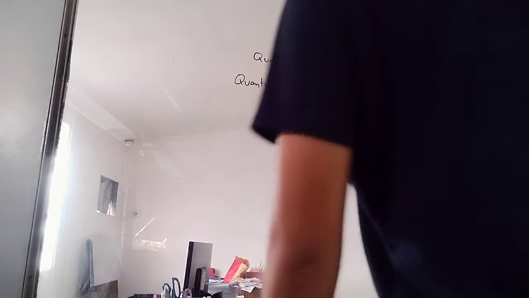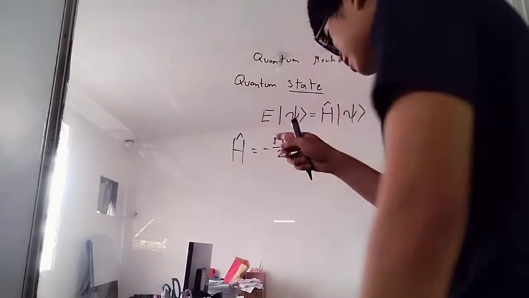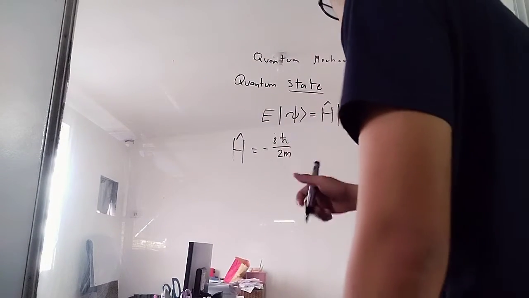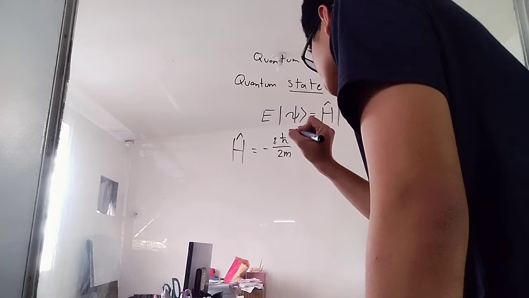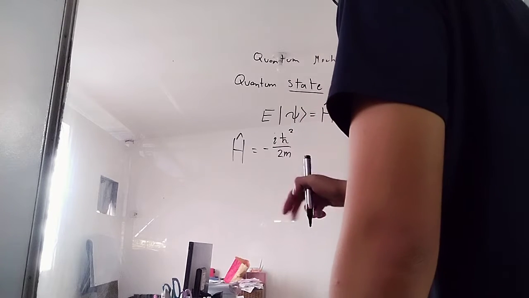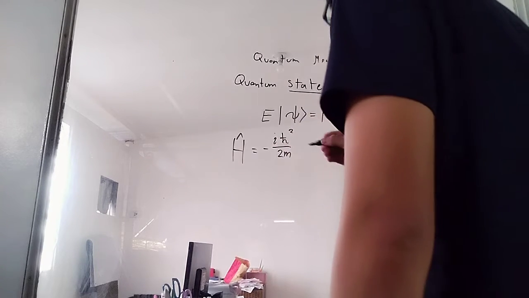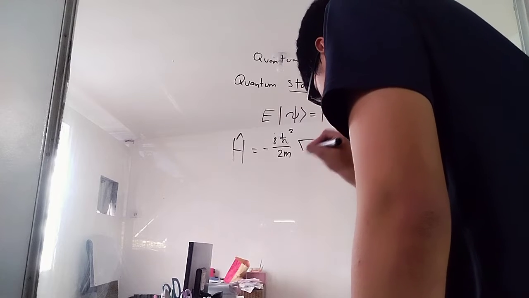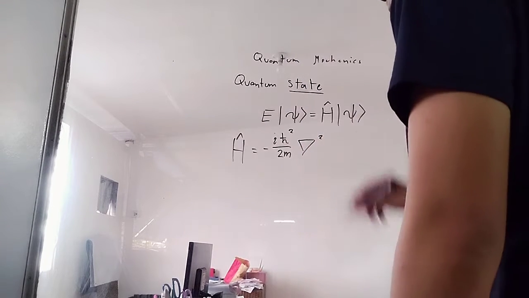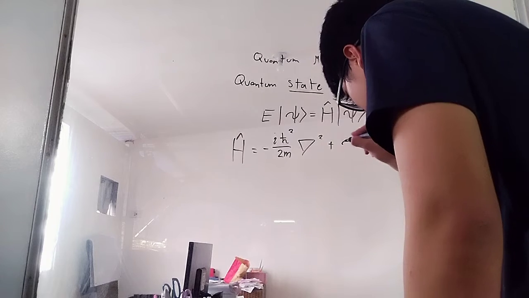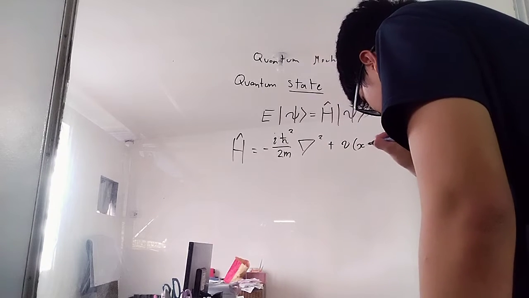Here H hat is the Hamiltonian operator, which is minus h bar squared over 2m times the Laplacian squared plus a certain potential function v of x.